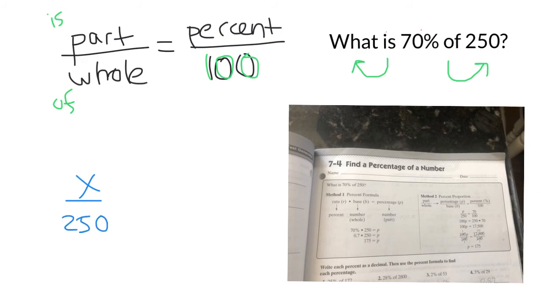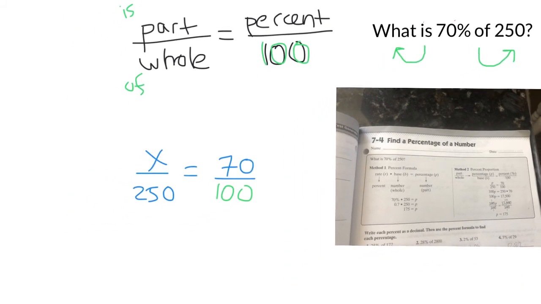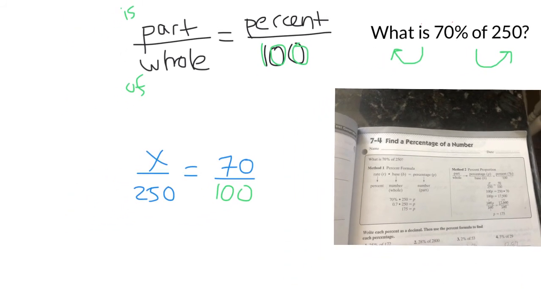And that's going to equal the percent which they give you over always, always, always 100. Now, we can do something called cross multiplication. I'm sure a lot of people watching know how to do cross multiplication.